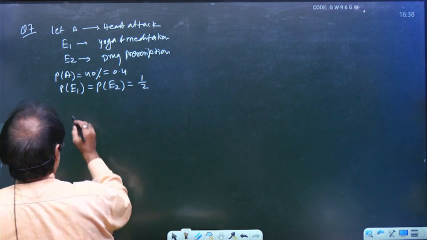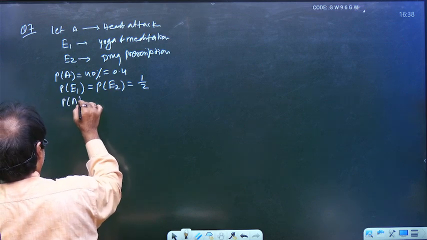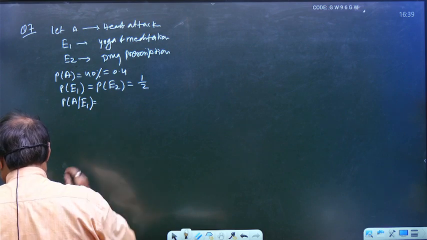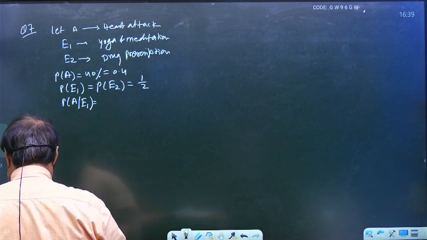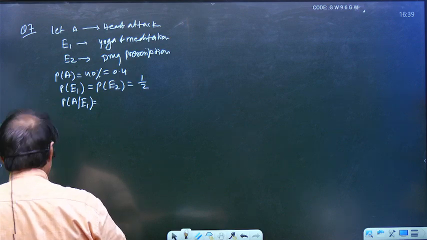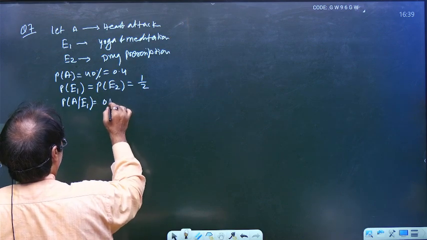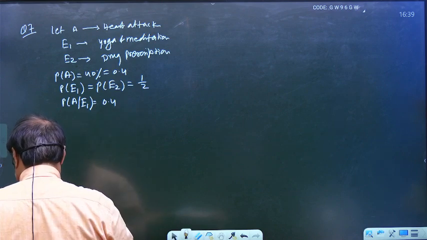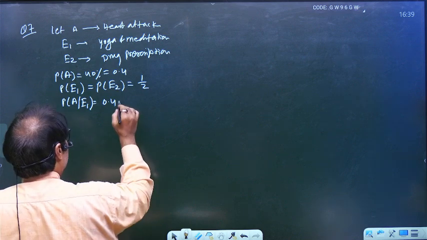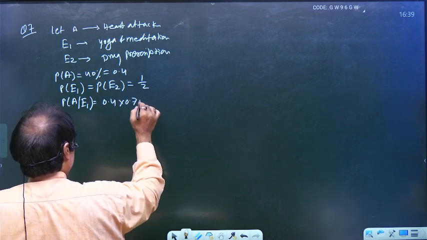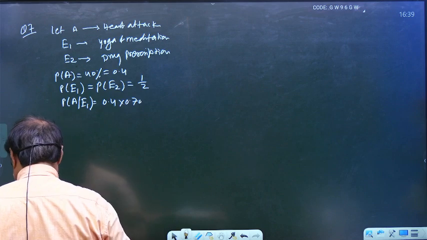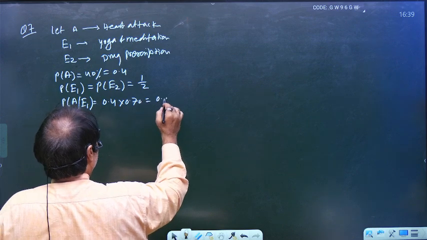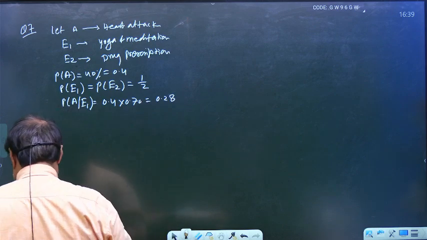Now probability of A given E1 is 0.4 into 0.7, because 30% reduces, so this is equal to 0.28.